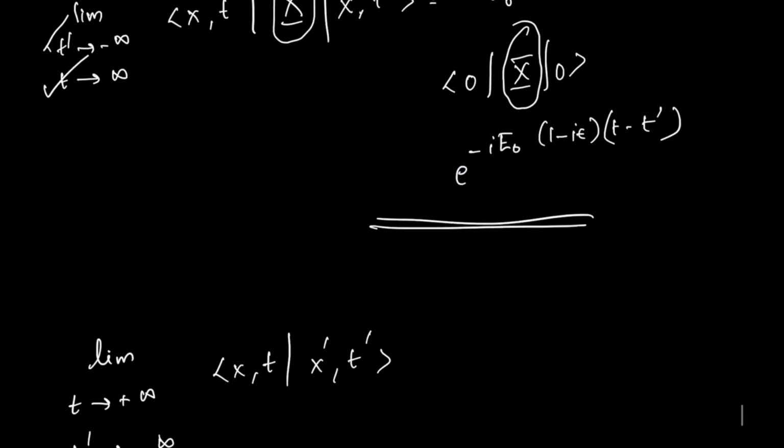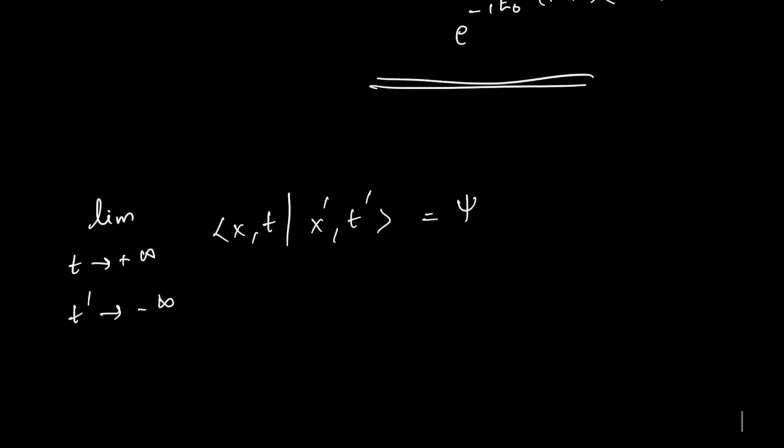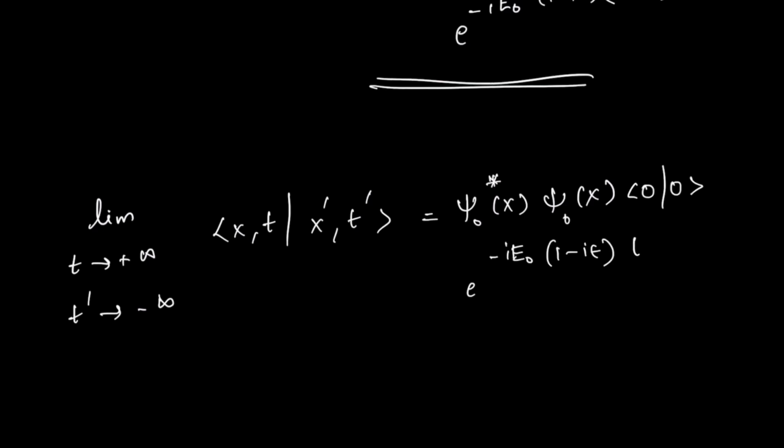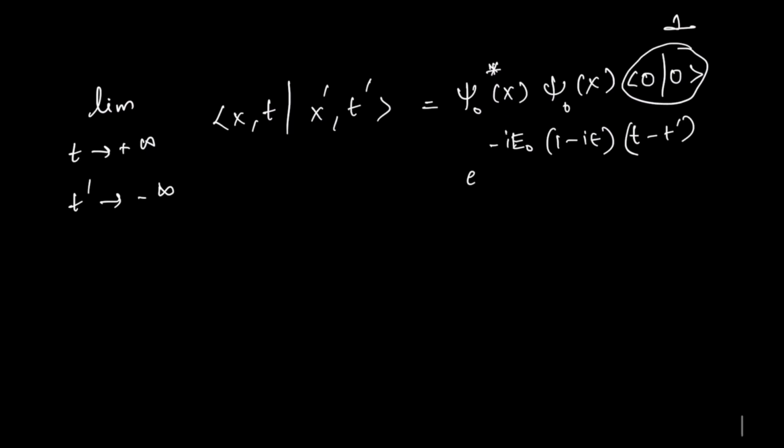So on the right hand side I will get psi naught of x, then if I remove x I will get the vacuum to vacuum amplitude, e raised to minus i E_0 (1 minus i epsilon)(t minus t prime). So this quantity will be 1.